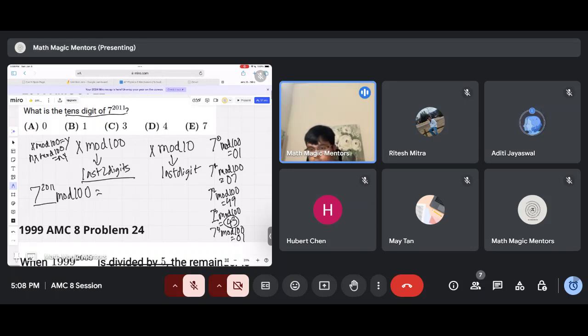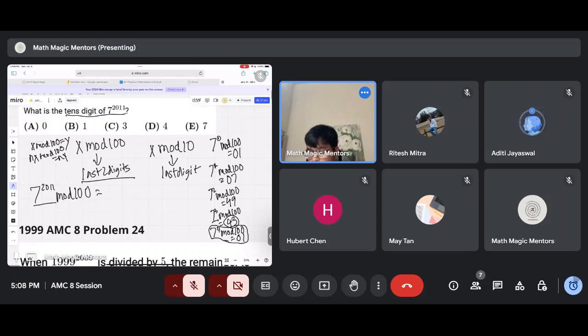We want to make this as easy as possible for ourselves. We see that 7 to the 4 mod 100 is 01. Wow, 7 to the 4 mod 100 is just 1. So why not see what the nearest multiple of 4 is to 2011?